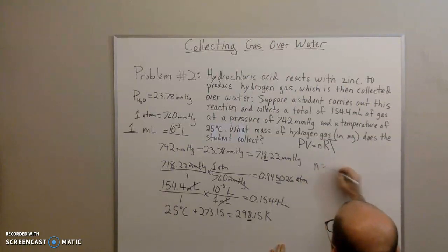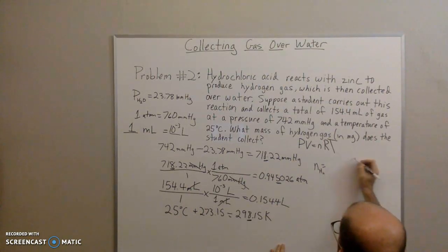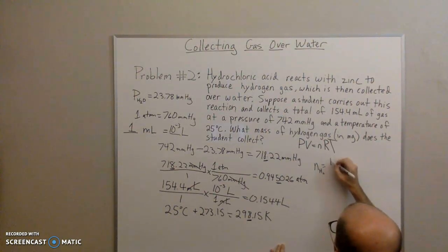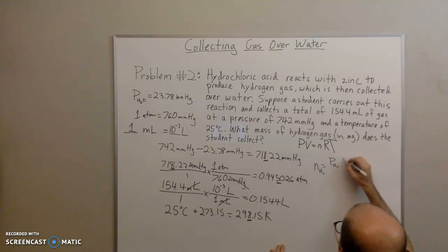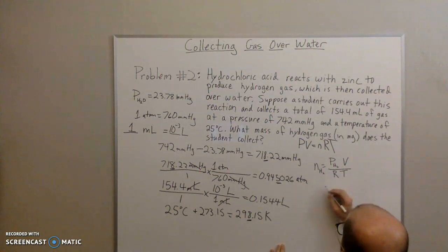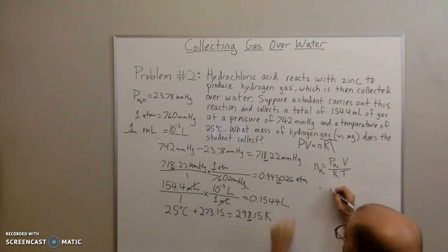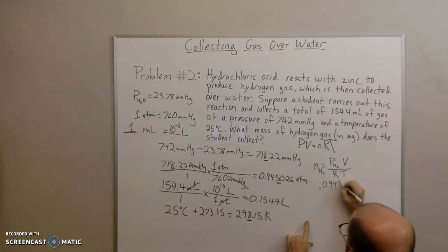So the moles of hydrogen is going to be equal to the partial pressure of hydrogen times the volume divided by R divided by T. So then if I write this out, the pressure is 0.945026 atmospheres. Again, we don't need to carry all the numbers. I could have stopped at 0, but I am anal.